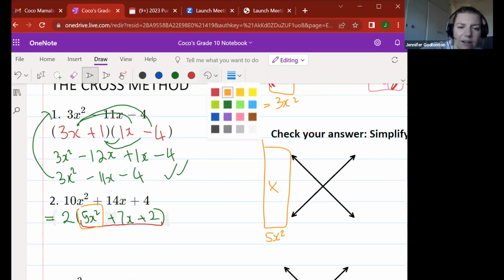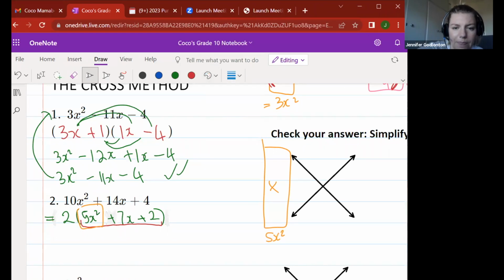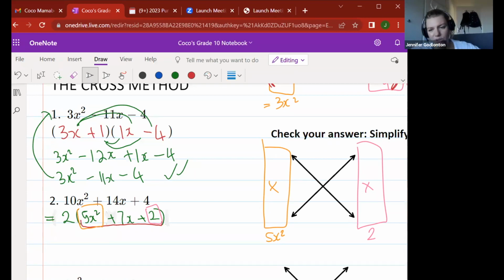And on the right-hand side, over here, when we multiply these together, we need to get 2. And then when we work out our multiplications, we need to get that 7x that's in the middle. So I want you all to give this a go. Try your best. See what you can work out. Play with the different numbers. And when you have an answer, pop it in the chat for me.